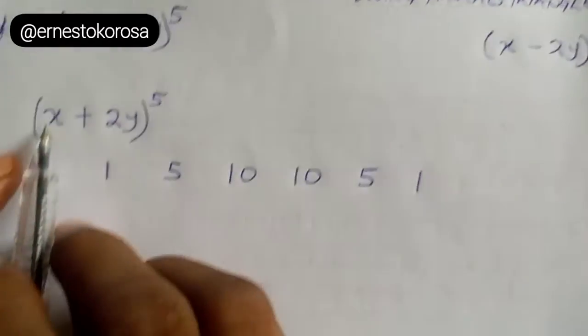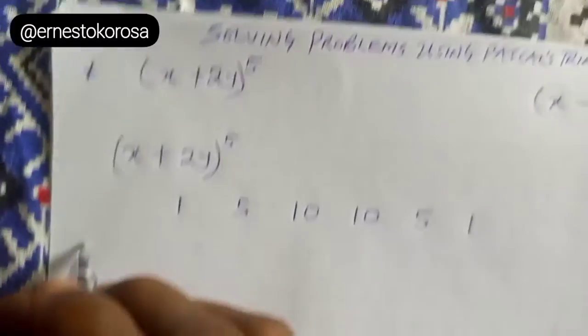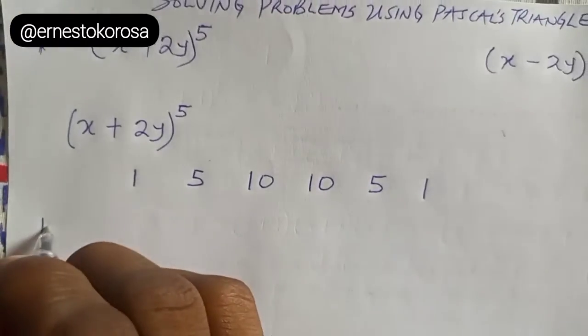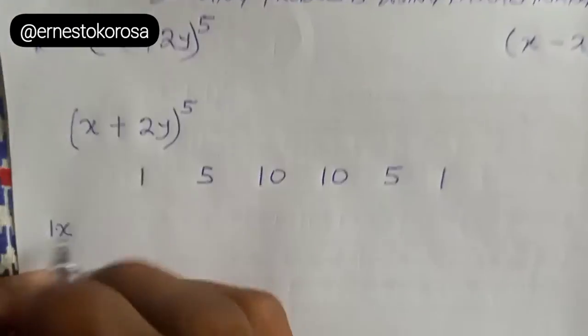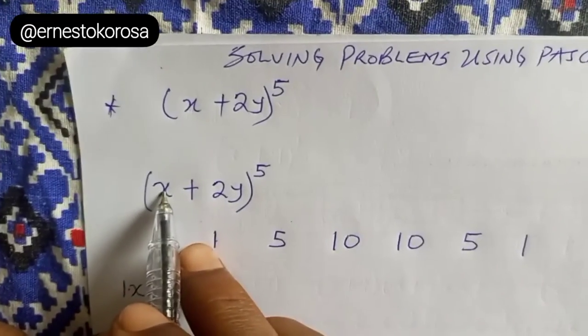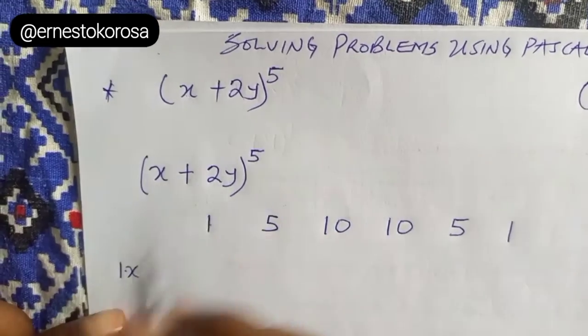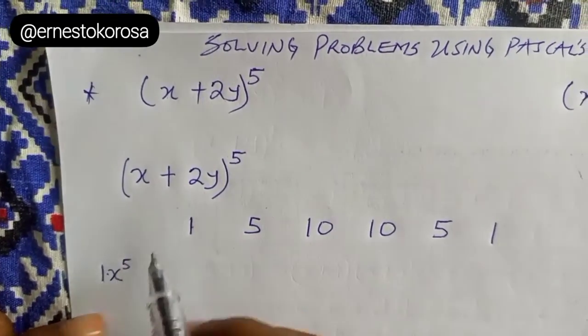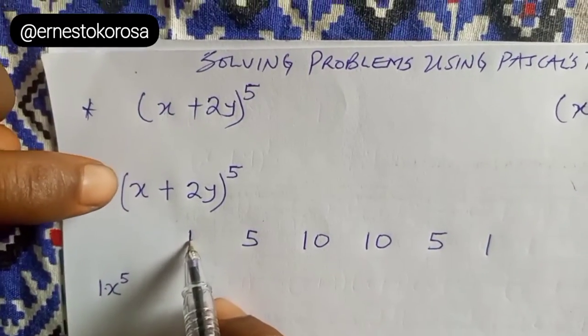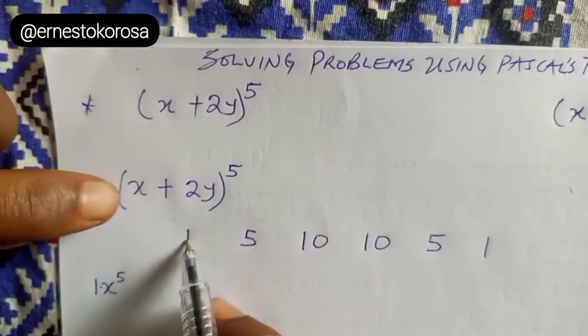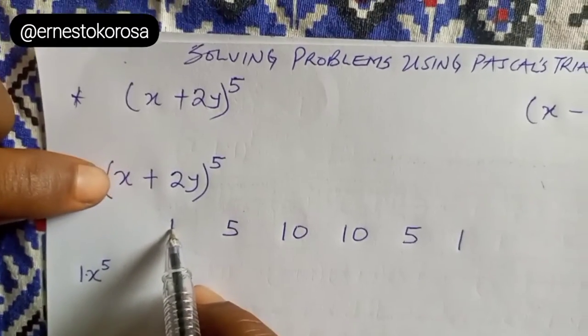The first one will go for x, so we simply have 1 times x raised to power 5. Although 1 is 1, it really has no effect on multiplication.